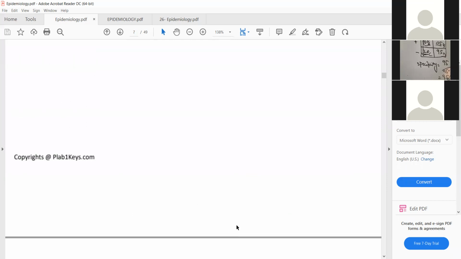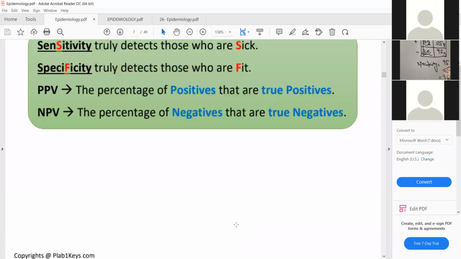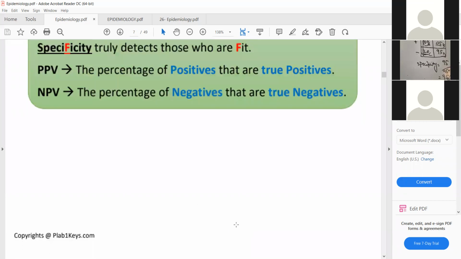So 95 by 100, what will be the calculation? 95 over 100 is 0.95, and to convert this into percentage, we multiply it by 100. So 95%.